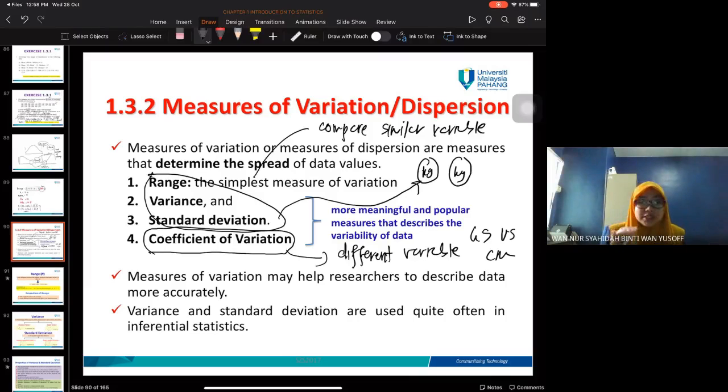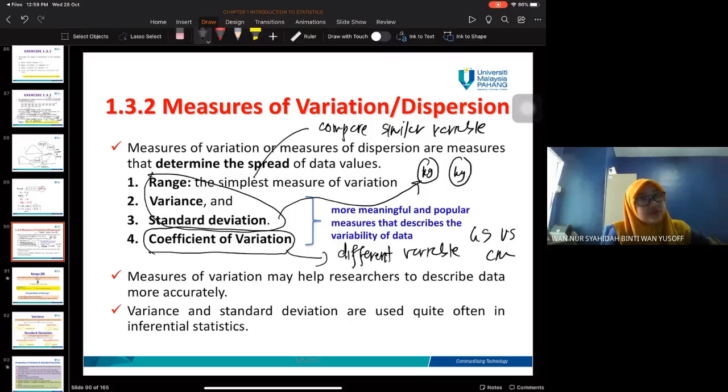You cannot use range, variance, or standard deviation. Also, as I mentioned before, the quartile-based measure can also be used to measure variation, but only when we compare similar variables, similar units. So the only measure for different variables is the coefficient of variation.